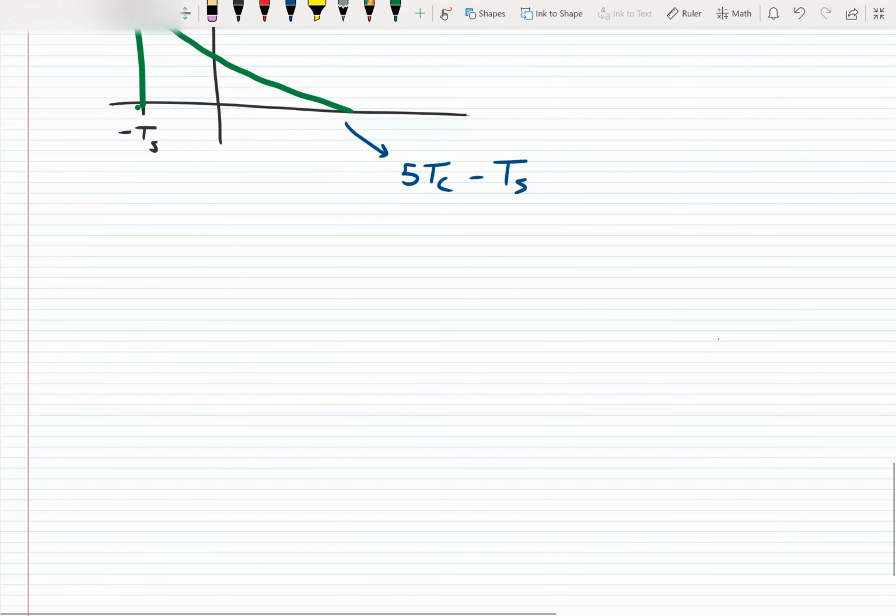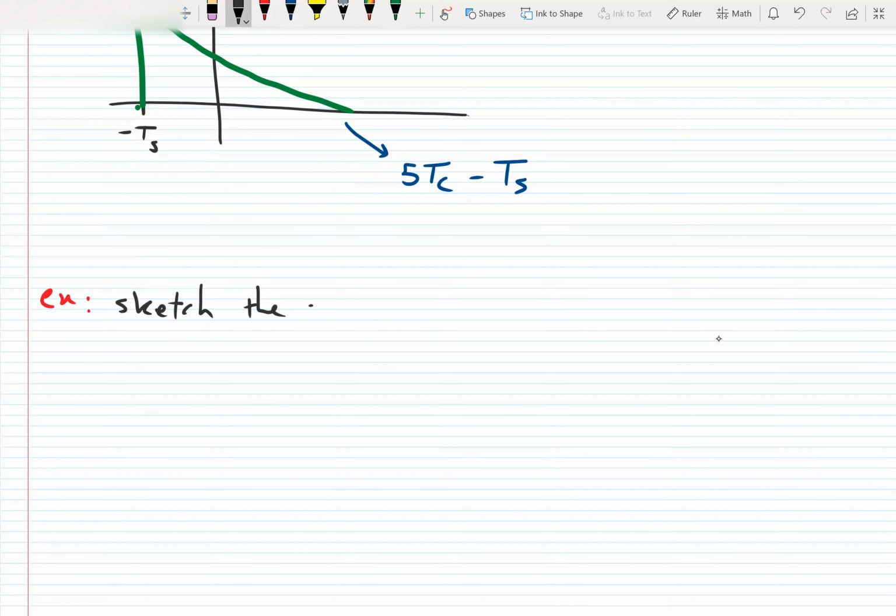So the second example which I want to show you is here. It says: sketch the following three functions. Which functions?